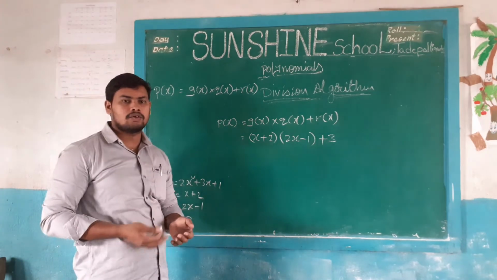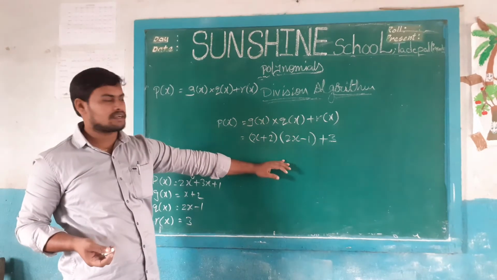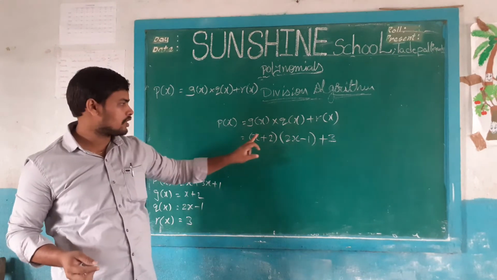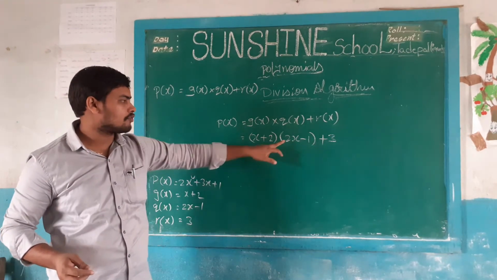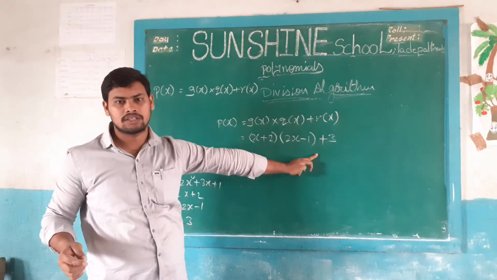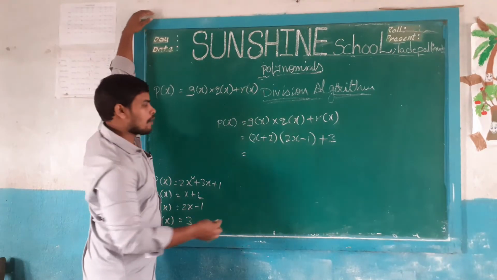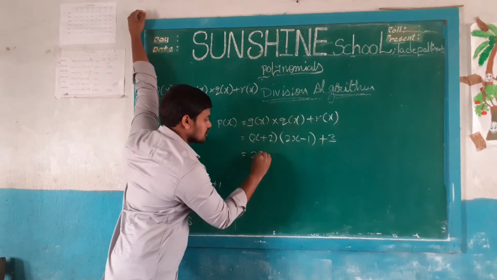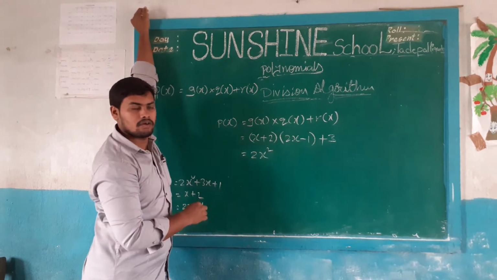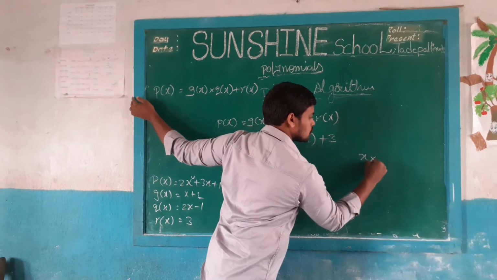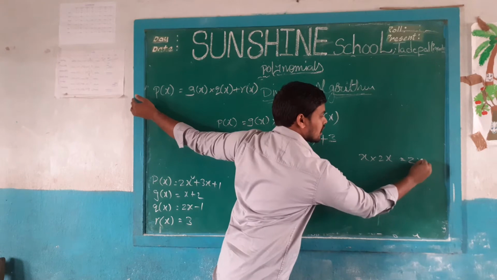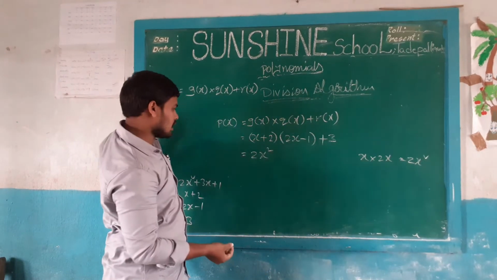So you already know how to multiply the factors: first one, second one, second one, first one. This is the common rule.